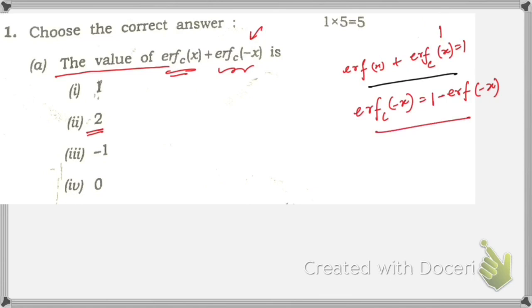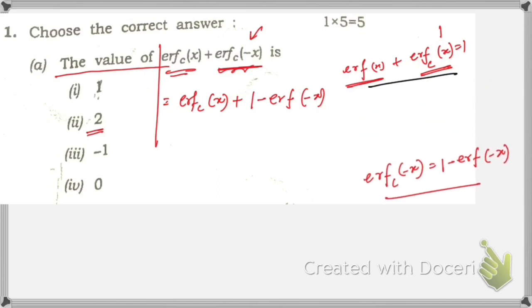So we can replace this one. Let me show you. This is the complementary error function of x, and I have written this one as 1 minus error function of minus x, because error function of x plus complementary error function of x is equal to 1.